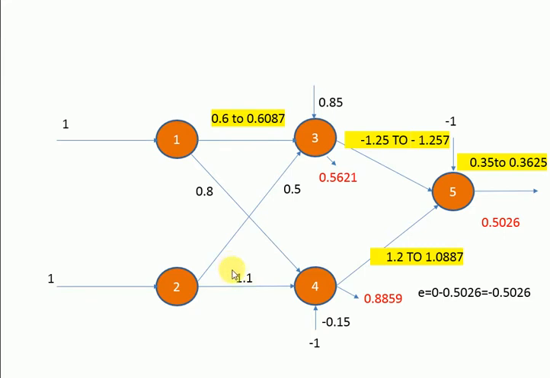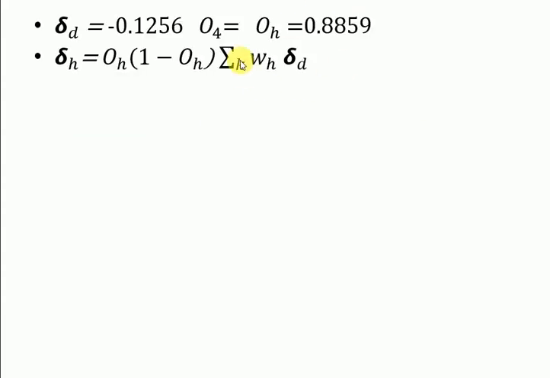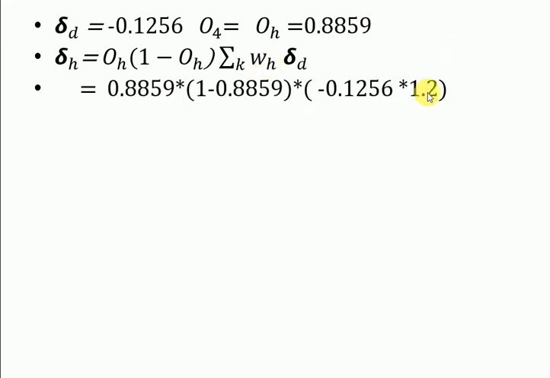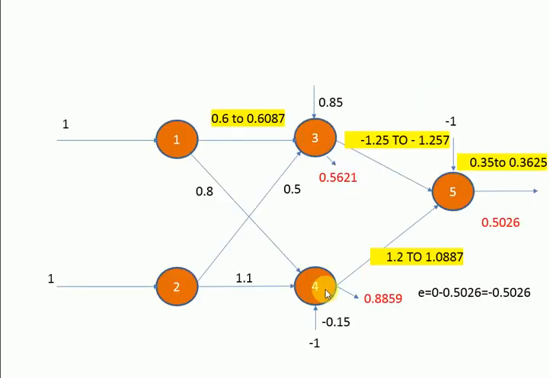So either we calculate this 1.1 or 0.1, we use this 1.2. That is the sigma of the weight of the next previous one. So this will be 1.2, to calculate this, the sigma of the previous one.